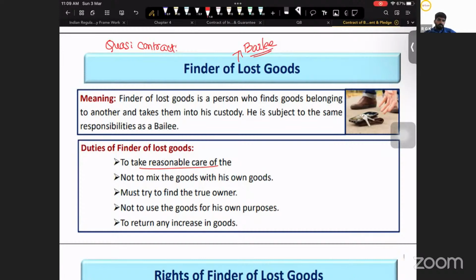Finder of lost goods is a person who finds goods belonging to another and takes them into his custody. He is subject to the same responsibilities as a bailee.